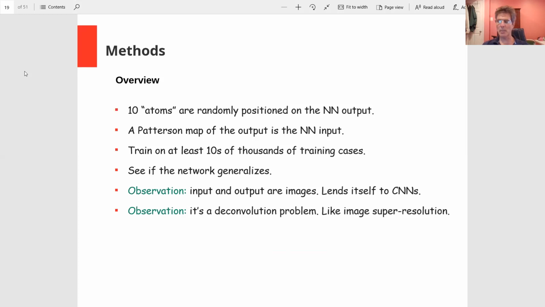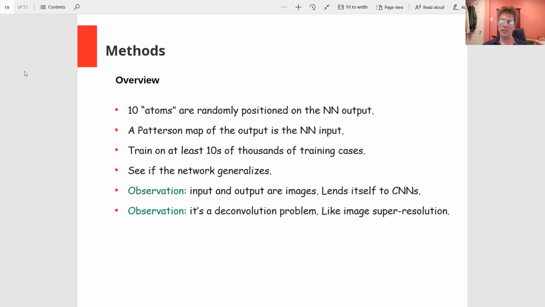But when I got bogged down in that, I thought, let me see if I can take what I have and borrow some of it. Rather than use atomic coordinates on the input and atomic coordinates on the output, use atomic coordinates on the output, and from that calculate synthetic diffraction data and put that on the network input.